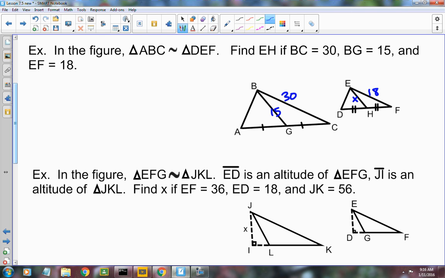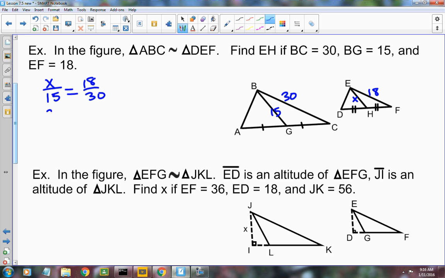What is BG and EH? They're medians, right? And what do we learn about them? They're proportional to a pair of corresponding sides, right? So what can we do here? Okay, so how should we set it up? Okay, we can do that. X is to 15 as 18 is to 30.